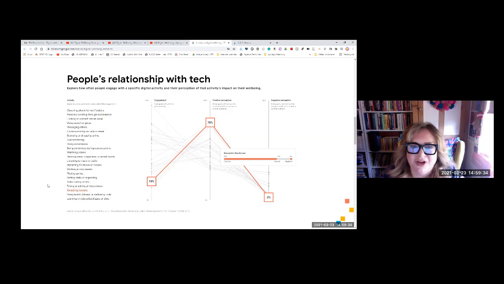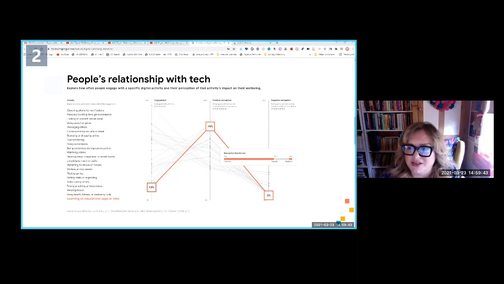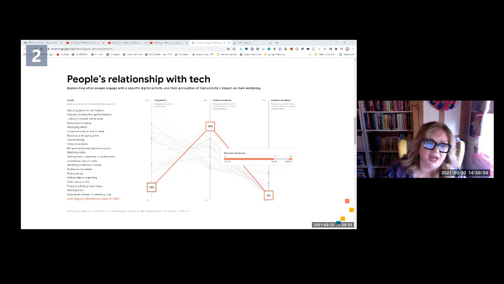So all these different things that you can do with tech, it's really interesting to see how the engagement level and the positive and negative perceptions align, or whether they do or not. So again, that's something to look at afterwards.